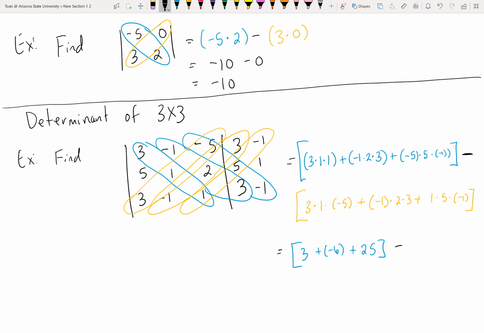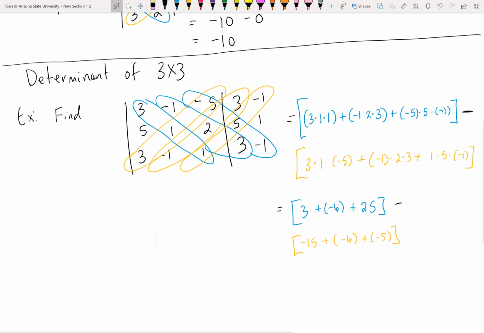Always minus, and then do the yellow. 3 times 1 times -5 is -15, plus -1 times 2 times 3 is -6, plus 1 times 5 times -1 is -5.